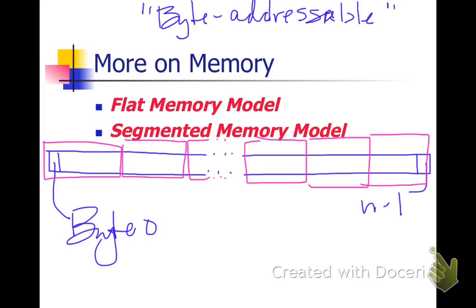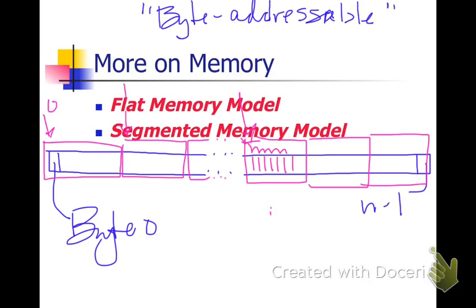Each memory address or reference depends on its segment number. So this would be segment 0, segment 1, and so on. And then within that segment, I might jump from byte to byte inside. So I've got an offset from the start of the segment. How many bytes away do I need to go?